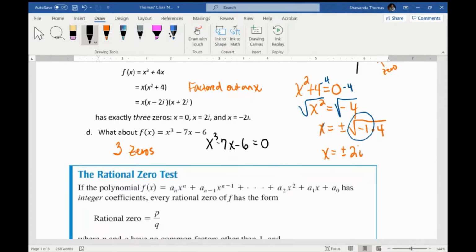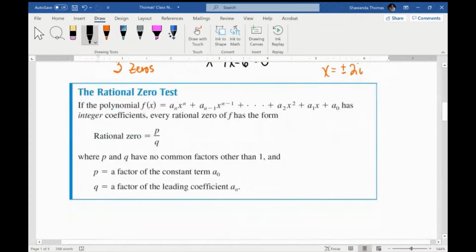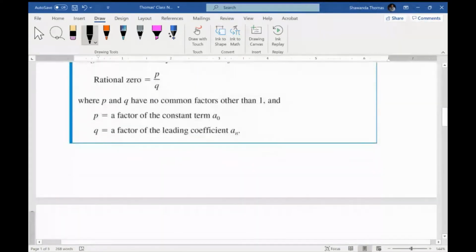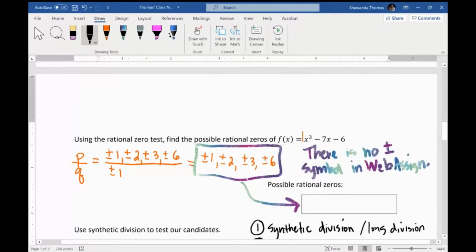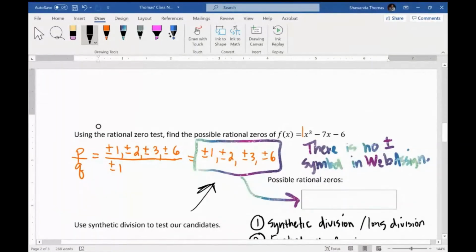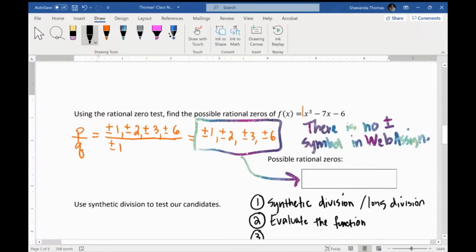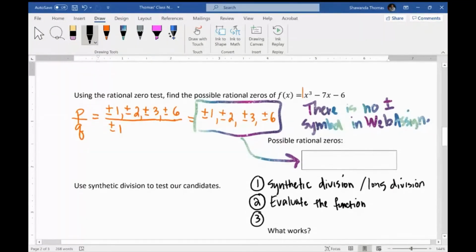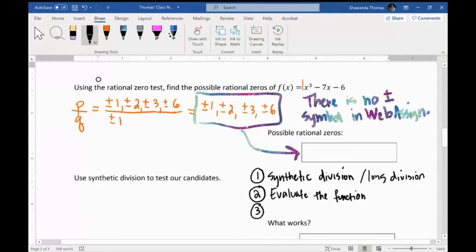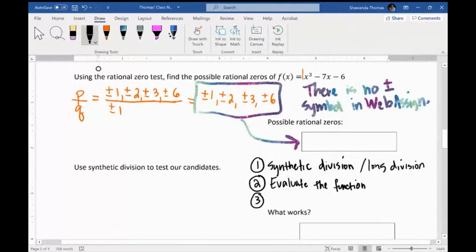So that's why we came up with this rational zero test. But we have a possible list right here of what the zeros could be. But how can we test? What's another method that we can look at that could possibly tell us it is a zero? Anybody? Everywhere you see x, you'll plug in a number.